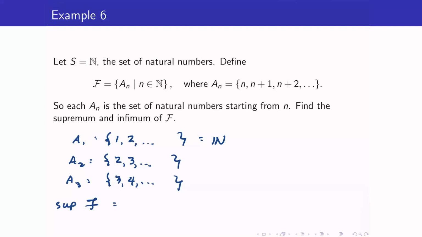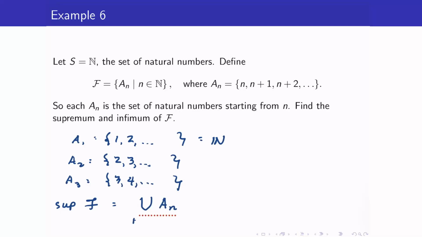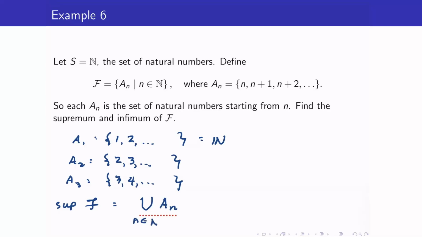According to the result, all we have to do is just get the union of all the sets inside our set F. So that's the union of the A_n, correct, in the set of natural numbers. What is the union of all of this? That is just the entire set of natural numbers. Actually, that's the set A1.